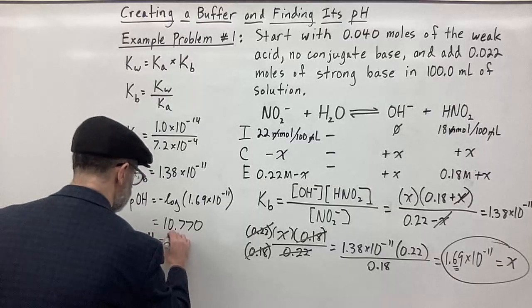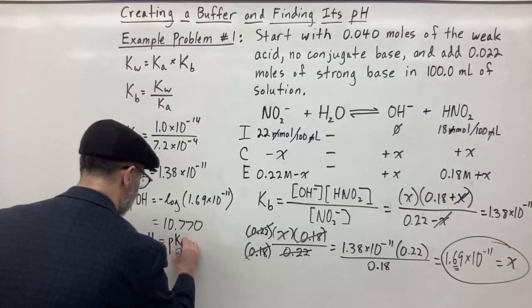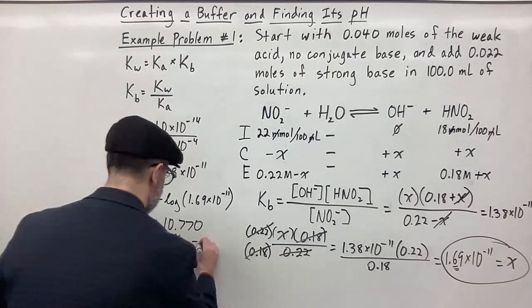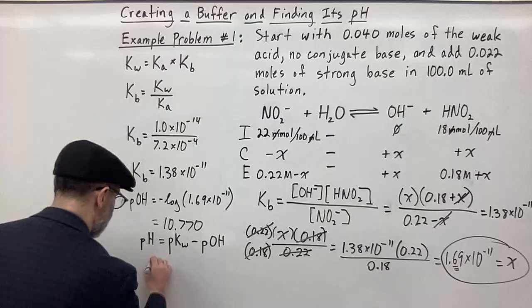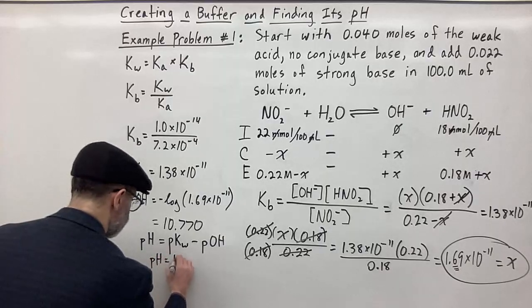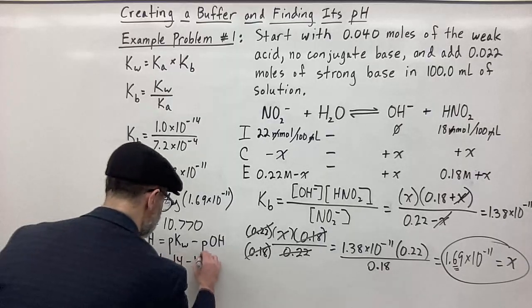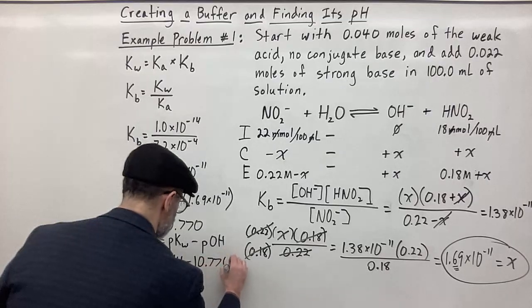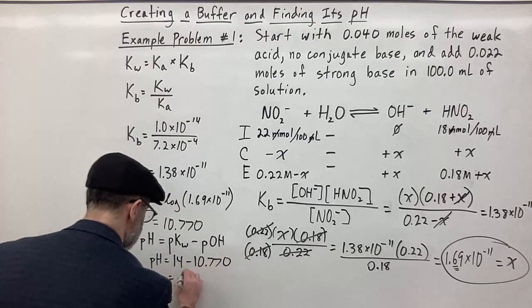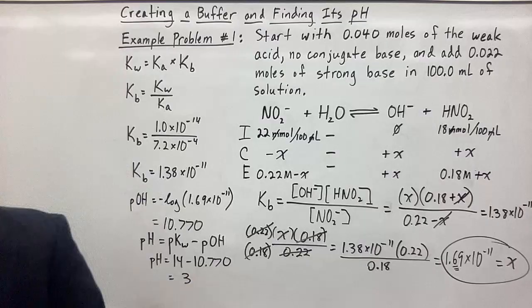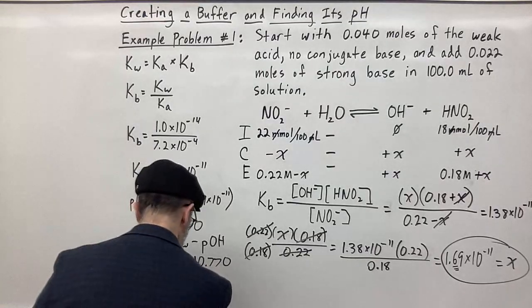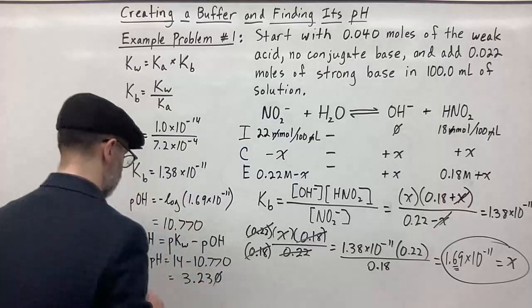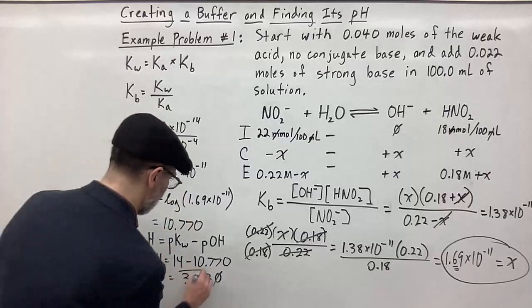That's going to be equal to the pKw, which is 14, minus the pOH. So then pH is equal to 14 minus 10.770, and then you get the pH is equal to, oops, let me look again, 3.230. 3.230, and you get the same pH again.